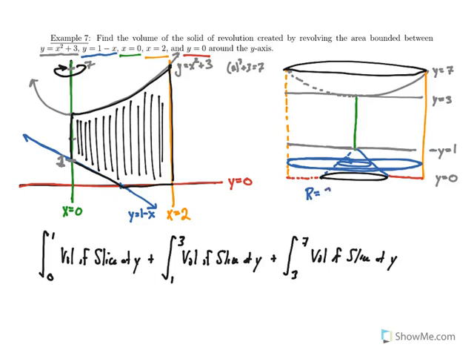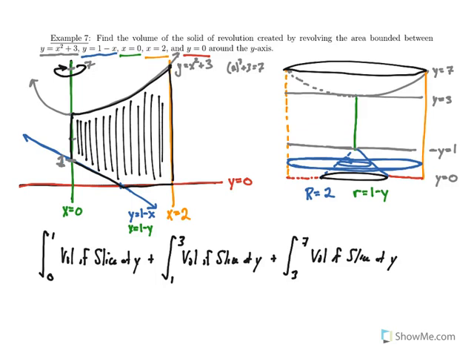That's going to be 2. The small radius is going to be out to the blue line. That's going to be x equals 1 minus y. That blue line associated there.